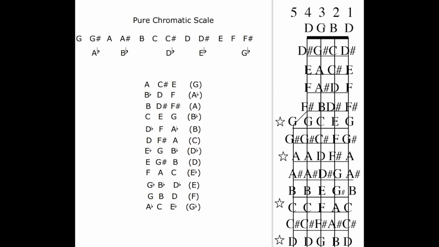Now, some of my students in the past have said, well, Rick, why isn't this a B chord or a D chord? So let's look at this. If I was to call this a B chord, I would need B, D sharp, and F sharp as my notes. It simply does not fit the formula.